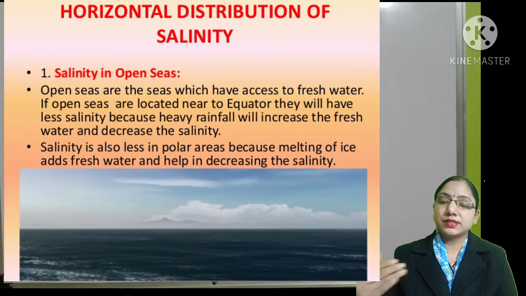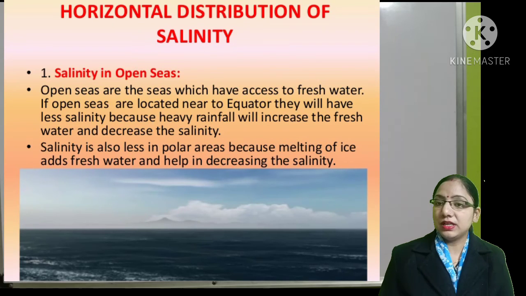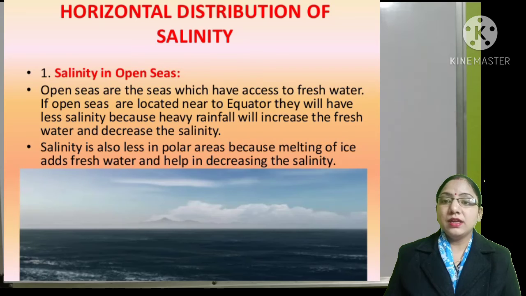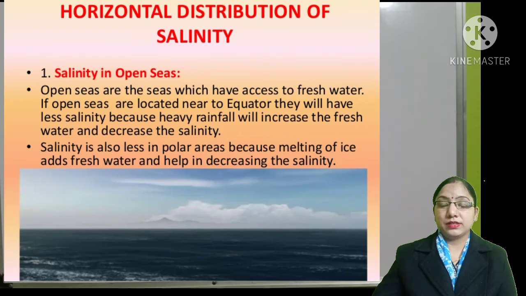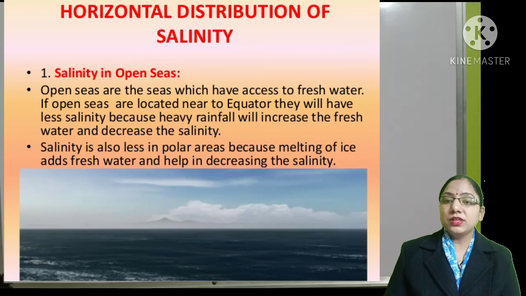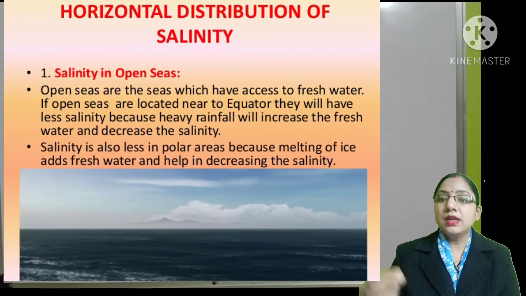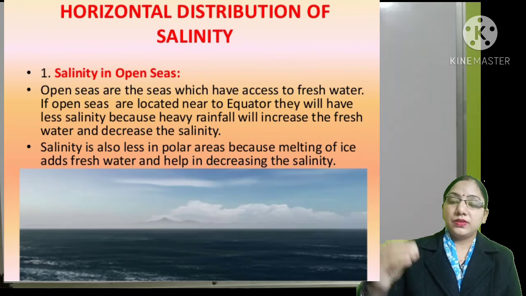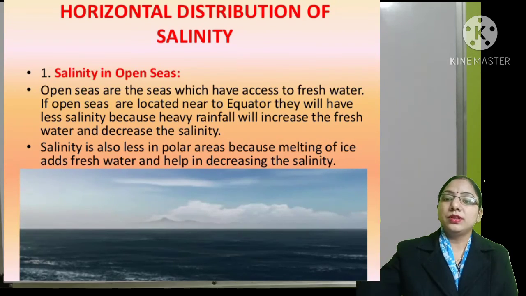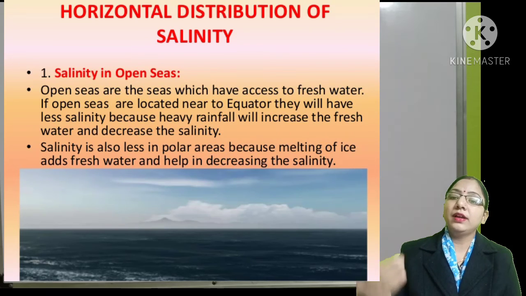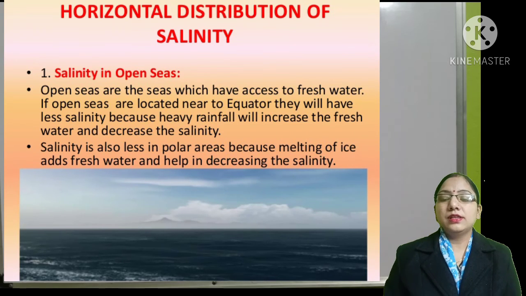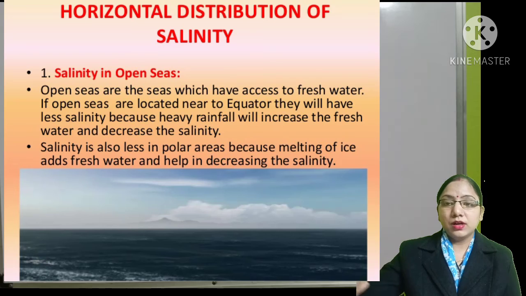Likewise, the salinity near the equator is always high as compared to the polar areas. So the horizontal salinity is high near the equator and low near the polar areas, and the vertical salinity is high near the surface as compared to the depth.